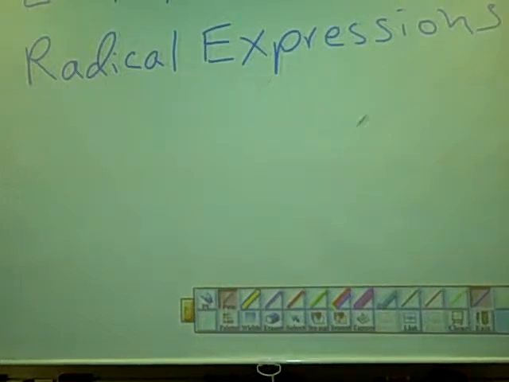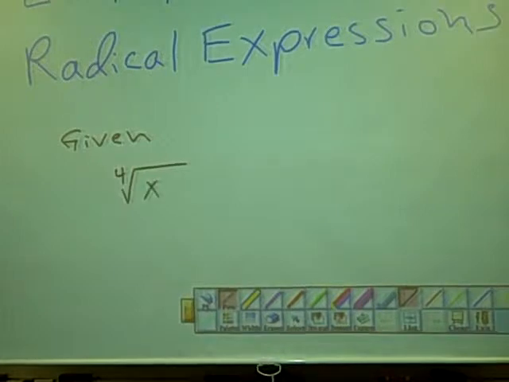Okay, so if we're given the fourth root of x to the fourth, this would be like saying x to the 4 over 4.